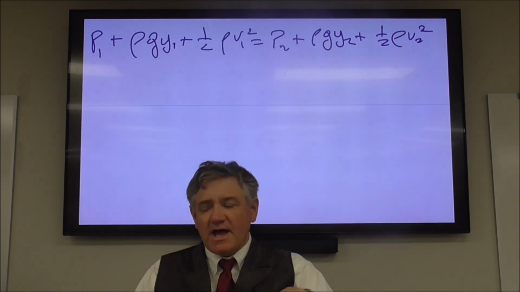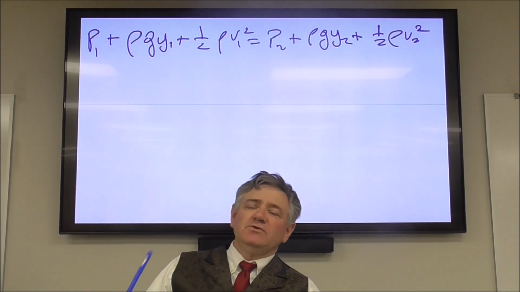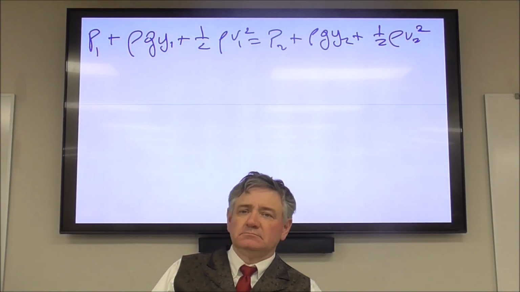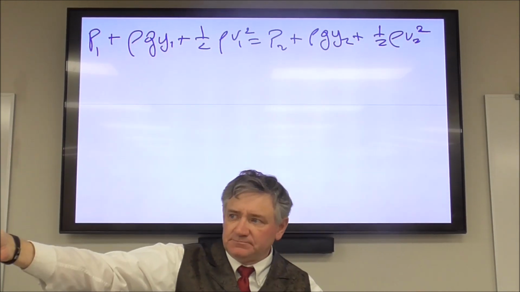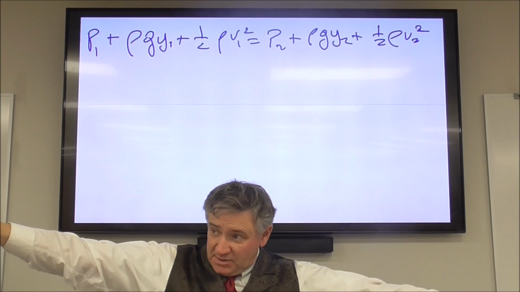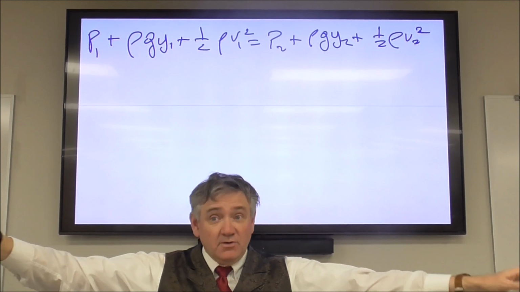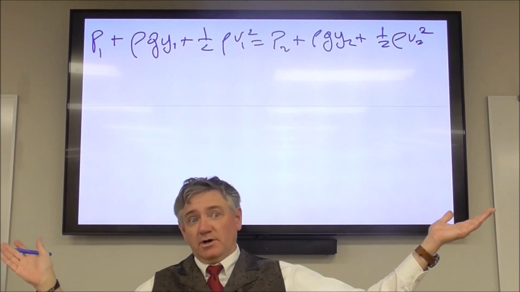Now, if you're going to add numbers together, what do you know about the units? They have to be the same, right? I can't take kilograms and add them to meters. So as jacked up as this equation looks, it only works if we can add things together. If we can't add things together, we're dead in the water.